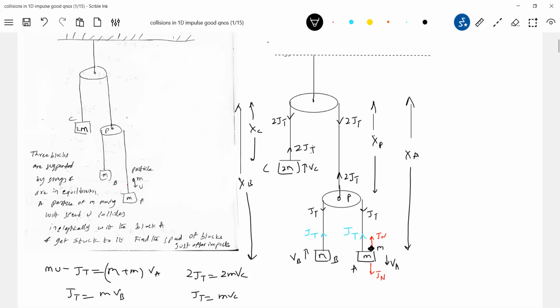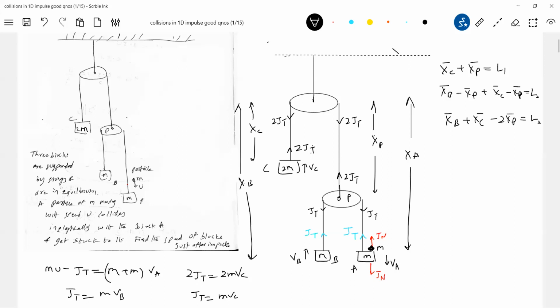Pulley constraints: there are two strings. For one string, XC plus XP equals L1. For the other string, XB minus XP plus XC minus XP equals L2, or XB plus XC minus 2XP equals L2.